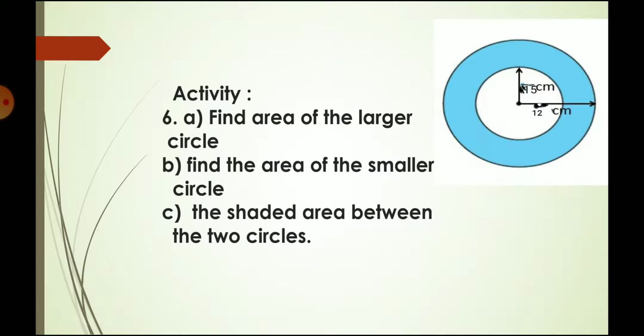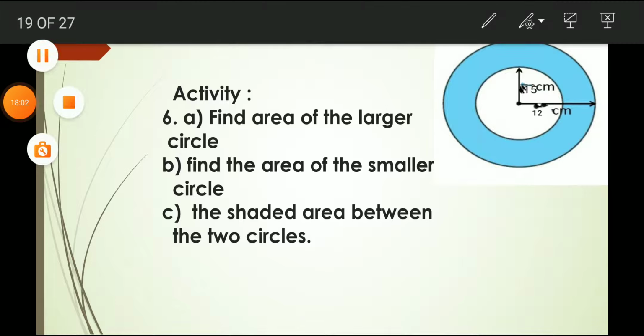So see, this is the activity based on the last sum, I mean the circle term. Here I just changed the values. The radius of the smaller circle is 15 centimeter. The radius of the larger circle is 17 centimeter.